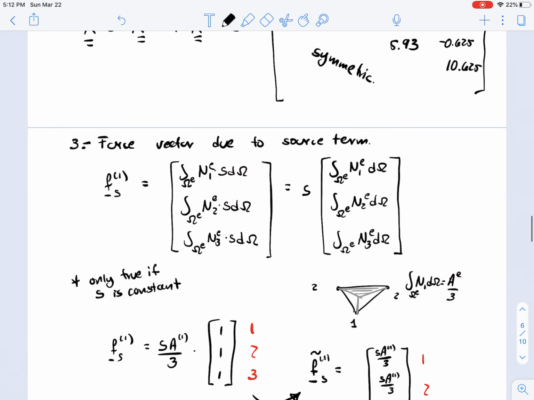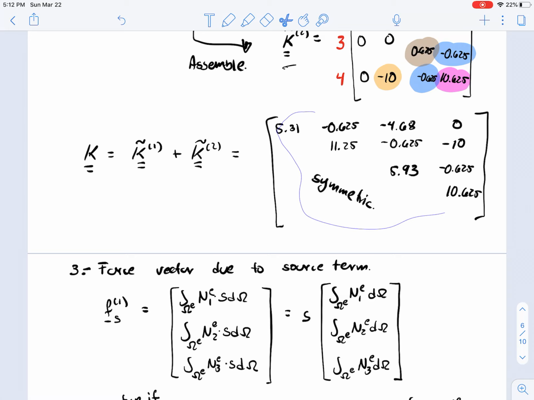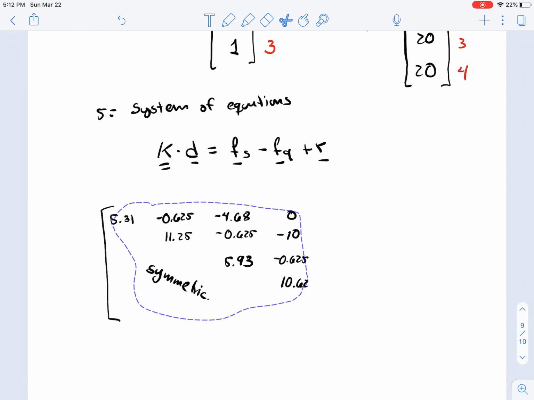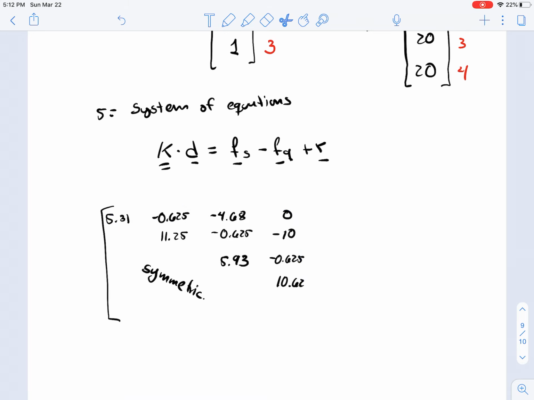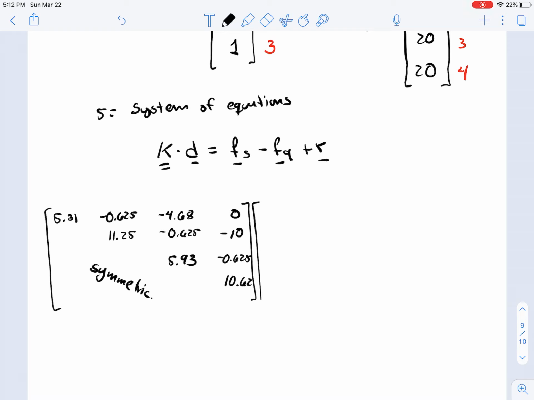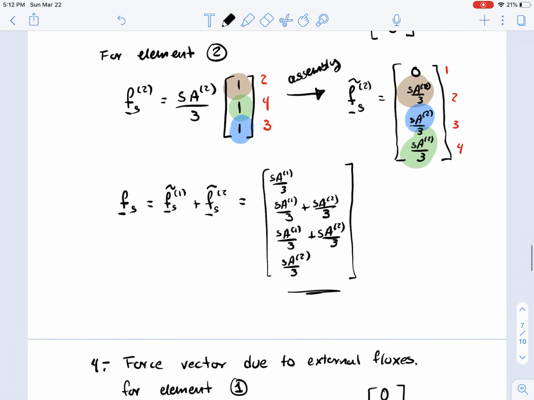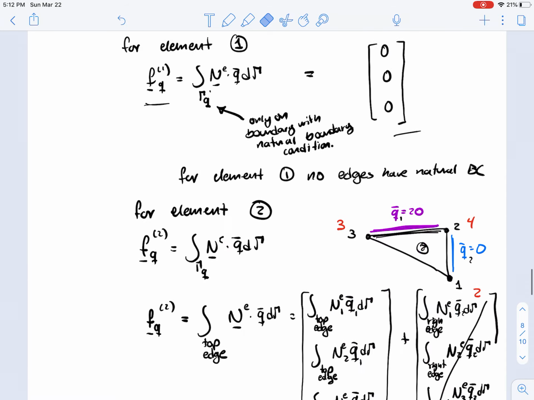So the K, I can just copy. So that times the value of the temperature at node 1, temperature at node 2, temperature at node 3, temperature at node 4, equals the force related to the source term, which is this guy right here.